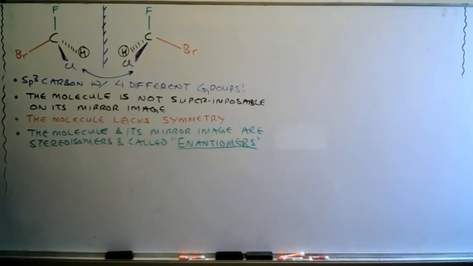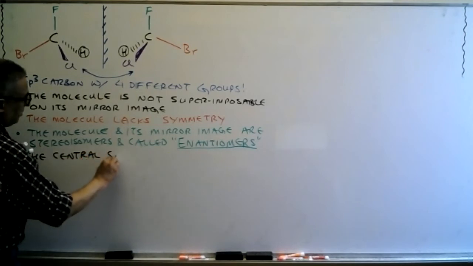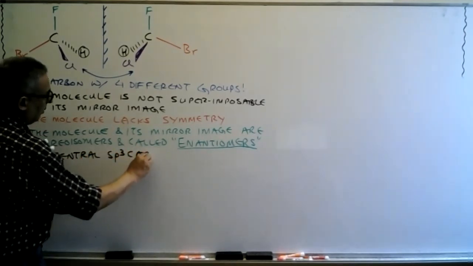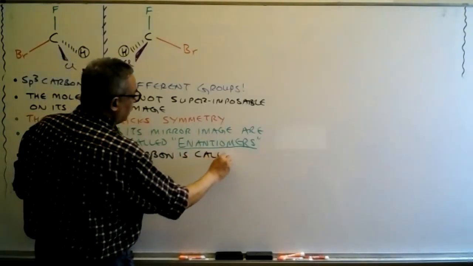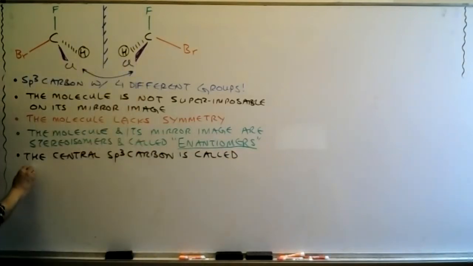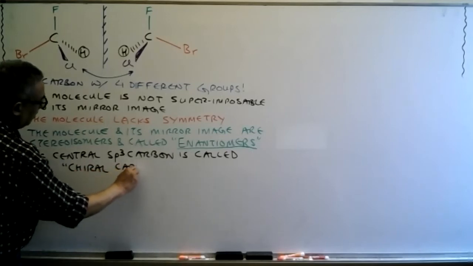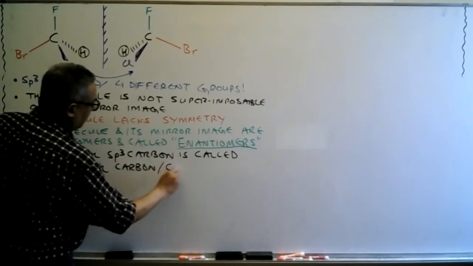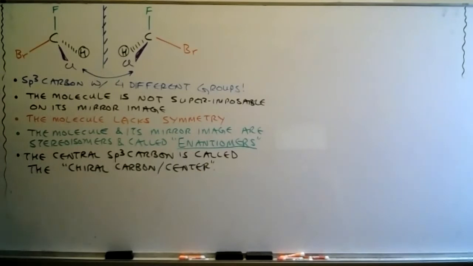The central sp3 carbon is called, I'm summarizing everything, the chiral carbon or chiral center. What else?